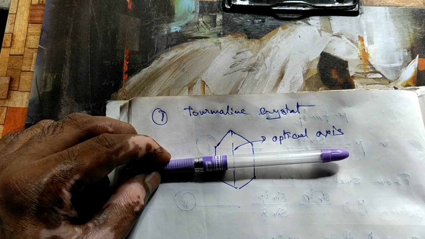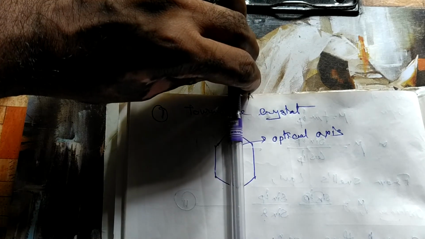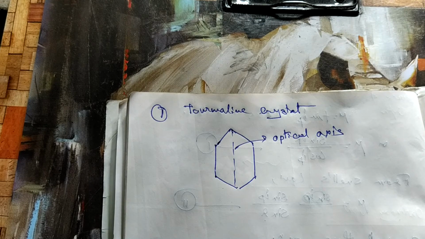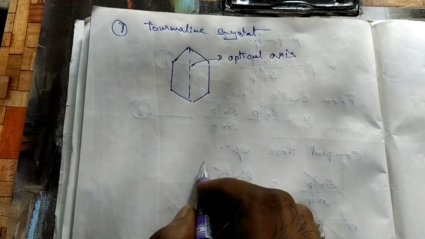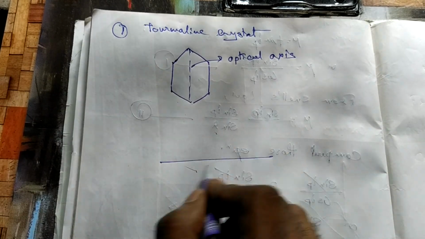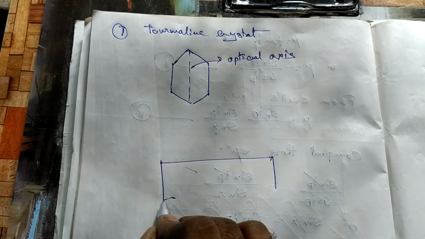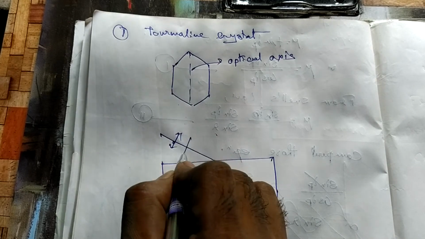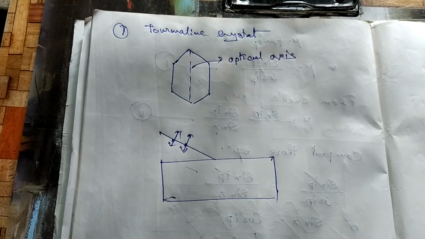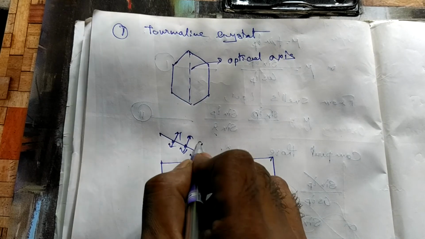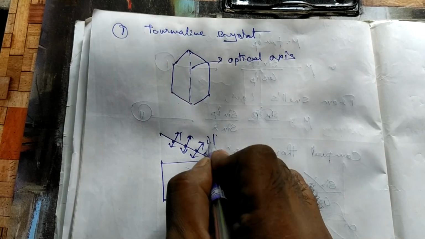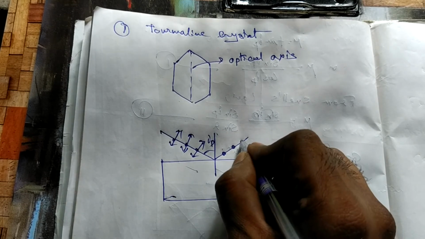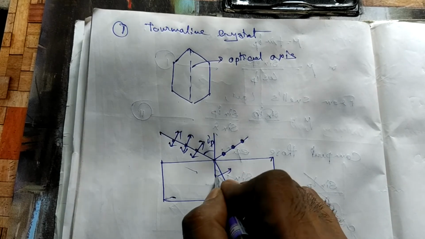We cannot get any light. When it is parallel to the axis, we get the maximum energy through this crystal. So we take a transparent slab, then we incident some unpolarized light. This is the IP. After the reflection, we get one plane of vibration. This is partially polarized.